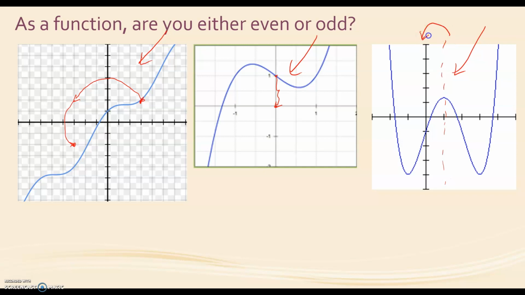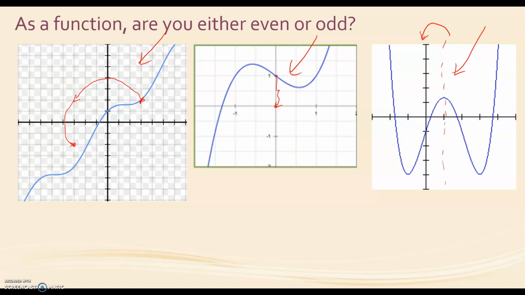So if I shift the graph to the left 1, this will be an even function because then the left-hand side of the graph will look identical to the right-hand side. But right now it's not. The symmetry is actually off the y-axis. So this is not an even function because it doesn't fit the definition of an even function, which means it has to be symmetrical about the y-axis. It's close, but not close enough.